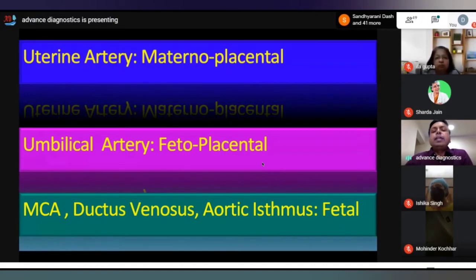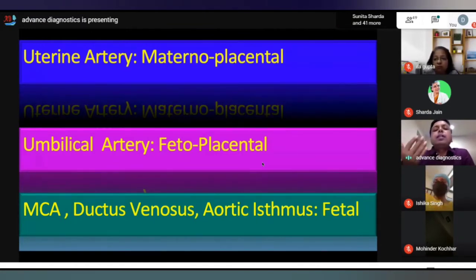Umbilical artery basically represents the feto-placental compartment. That is, if there is a placental dysfunction, it will show changes in the umbilical artery.